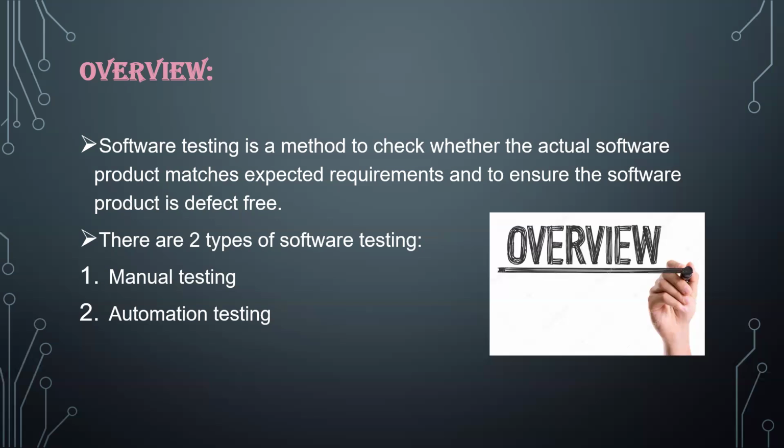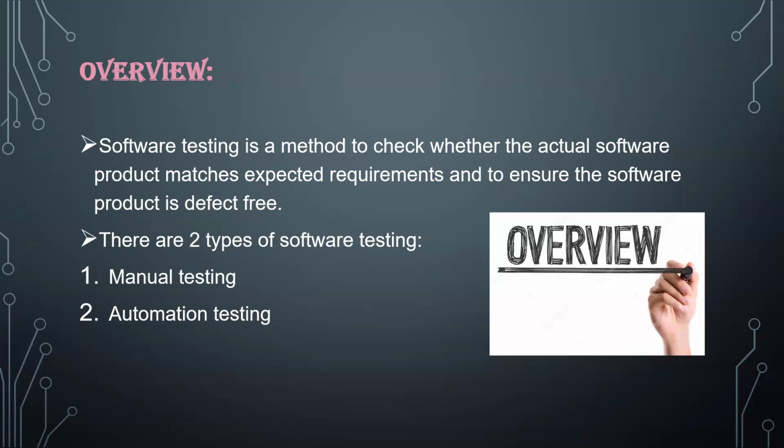Another example: in April 1999, $1.2 million was lost in a military satellite launch due to a software bug. This was the costliest accident ever in history, just because of a software bug. So this is why software testing is very important.